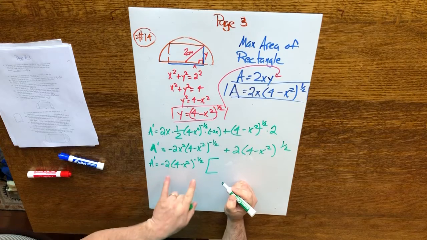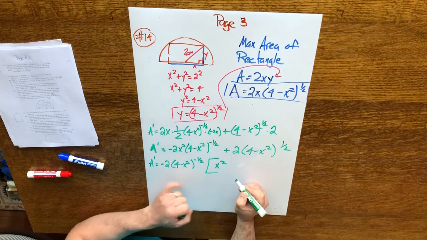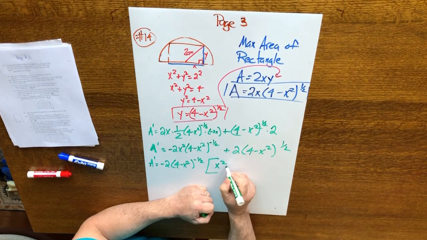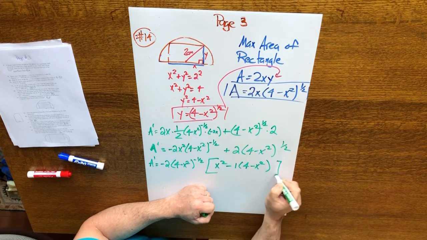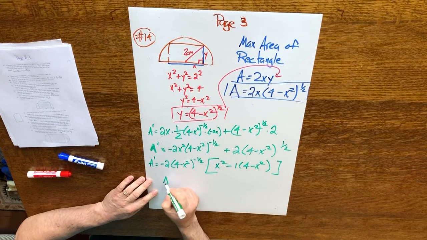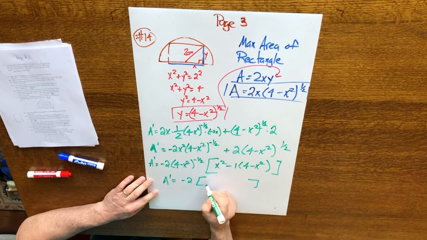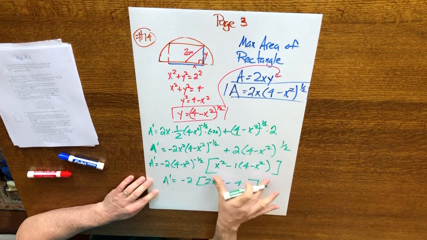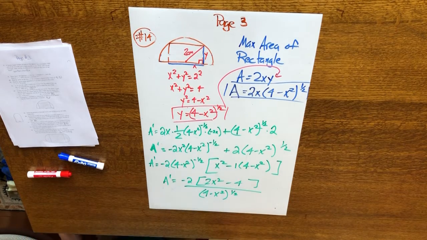If I take this out of the first expression, I'm left with x squared, I think. And if I take this out of the second expression, I'm left with minus 1 times 4 minus x squared to the 1. So when I simplify that down, A prime equals negative 2 still in the numerator. This square bracket becomes x squared minus a negative x squared, or 2x squared, subtract 4. That comes from right here, all over 4 minus x squared to the positive 1/2 in the denominator.